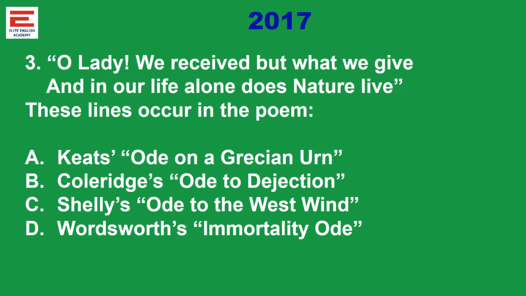So here definitely Keats may not come. O lady, we receive, but what we give, and in our life alone does nature live. So it should be between Coleridge and Wordsworth. So that idea should come to your mind.